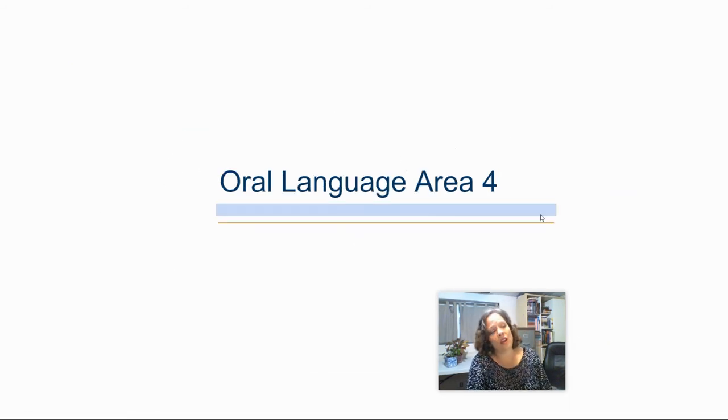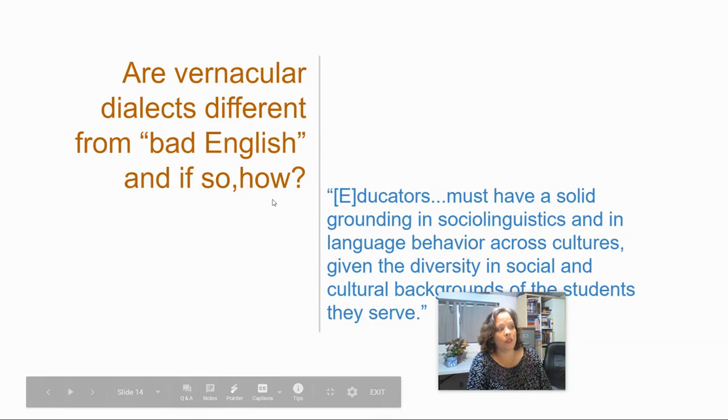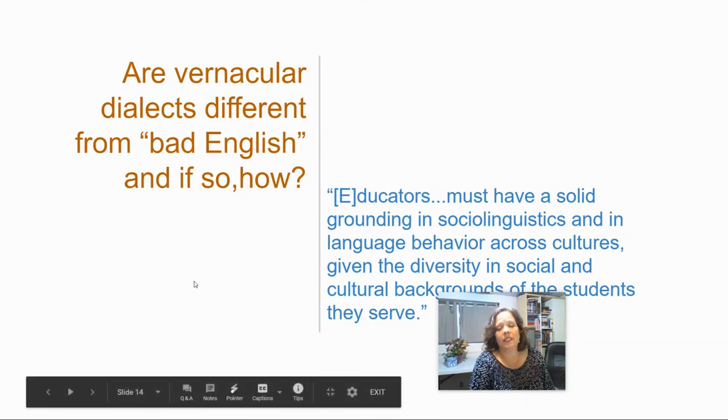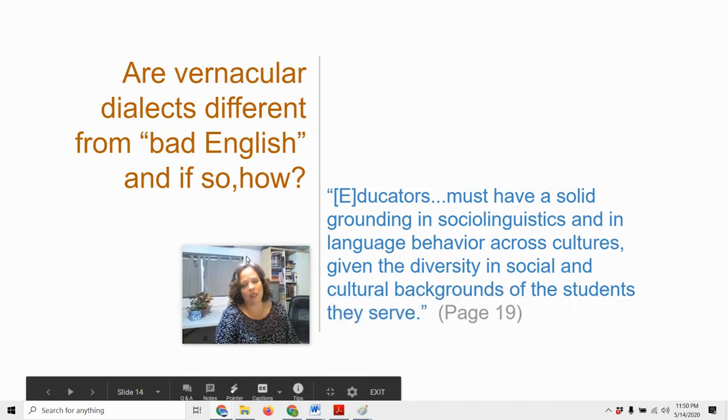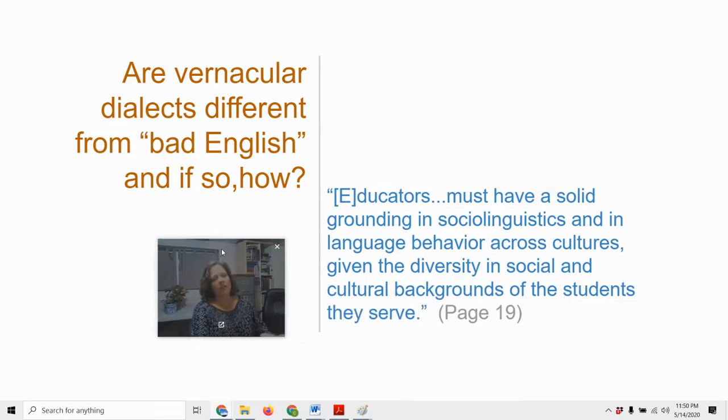The fourth area of our language that was covered has to do with dialects. And this one was really interesting because this actually took place where I was 20 years ago. Well, it was actually about 25 years ago. And while I was at Berkeley.